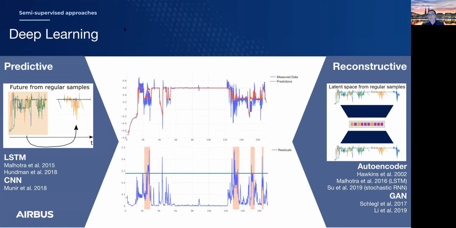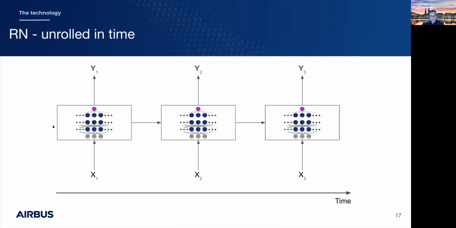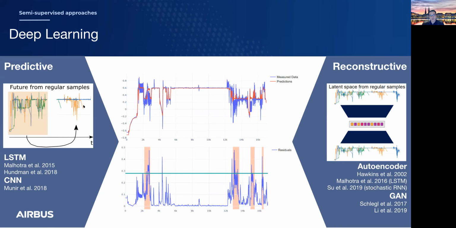We need a data set where we assume the anomalies are very low or not present at all. And then either we train a model which tries to predict the future from the past. So we ingest some past values and we predict the future. Or we put in some data, and I will go into more detail on how it works, and regenerate it back.